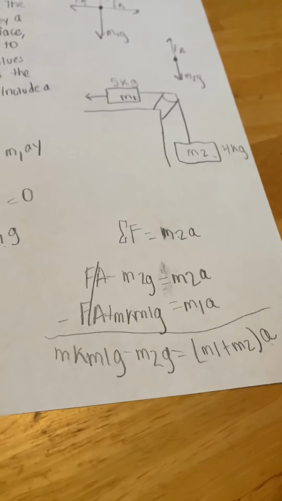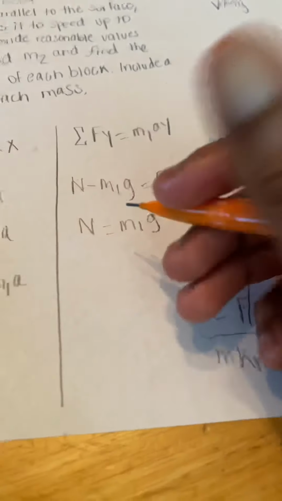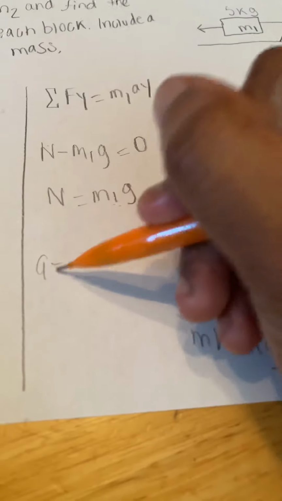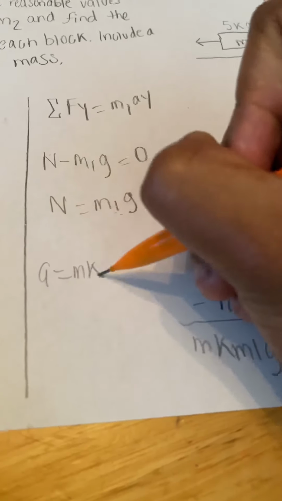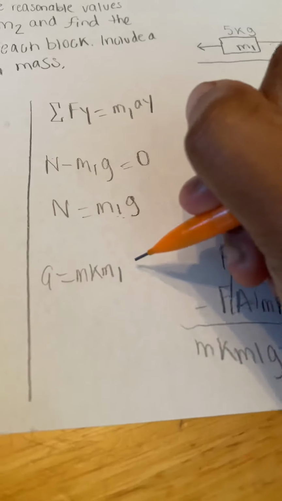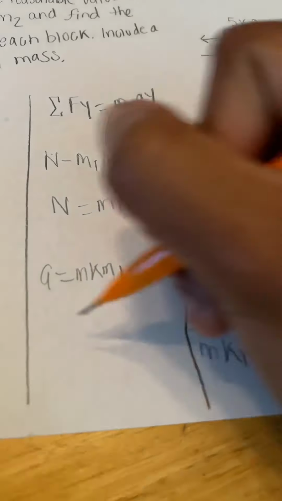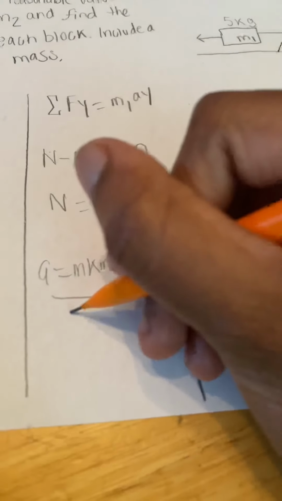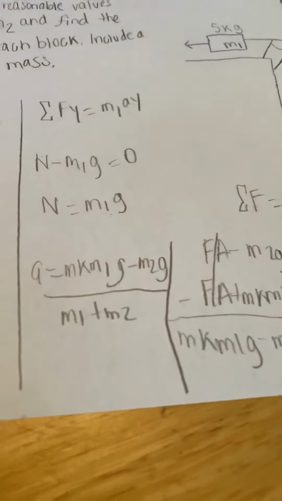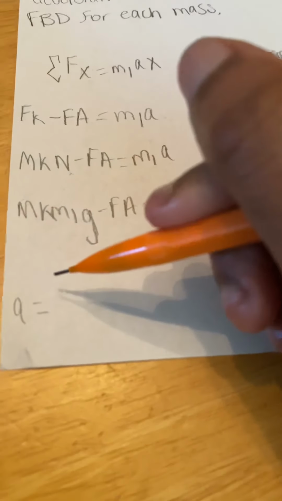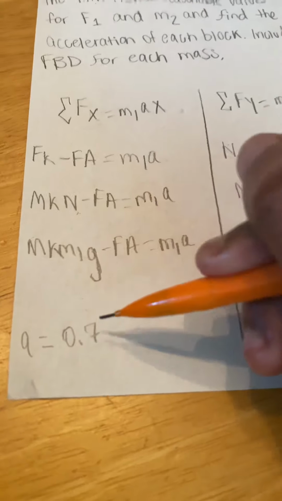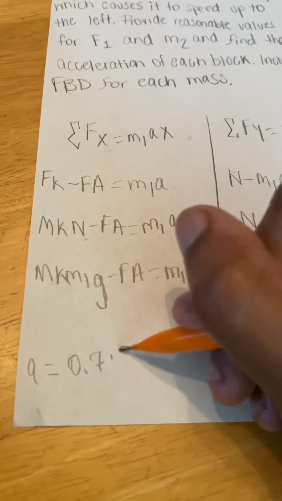So now, having these equations, we can find the acceleration, which would be, well, I ain't got no room. So a equals mu_k M1g minus M2g over M1 plus M2. And so for that equation, I'm gonna put it over here, it would be a equals 0.7 times 5.